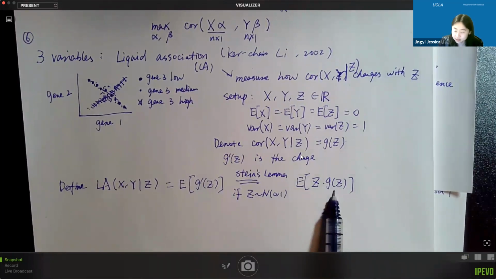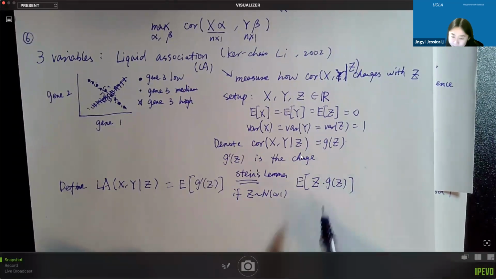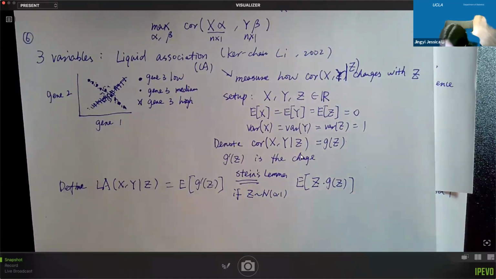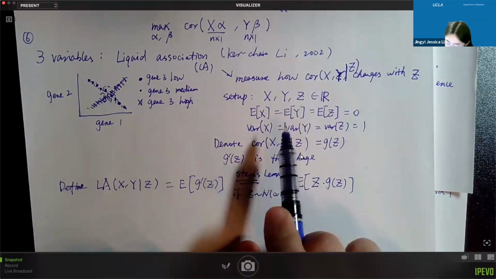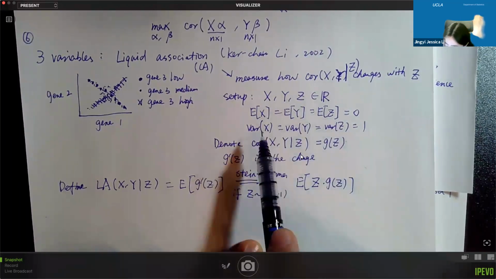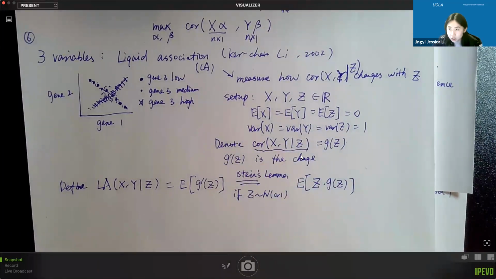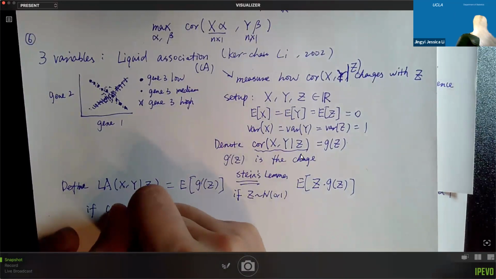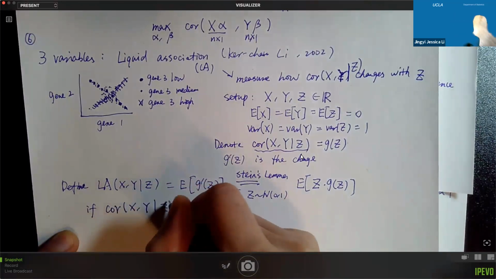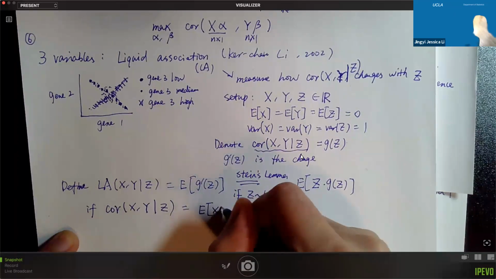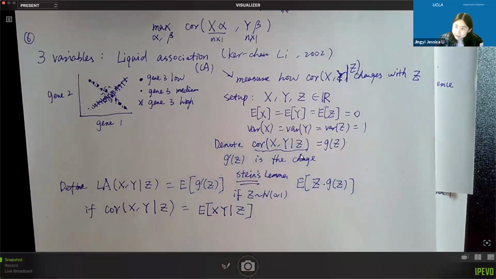The reason is that, based on my argument, if you believe that this conditional correlation of X and Y given Z can be expressed just as the conditional expectation of XY given Z, then to achieve this, we need the conditional mean of X and Y given Z equal to 0 and the conditional variance of X and Y equal to 1.